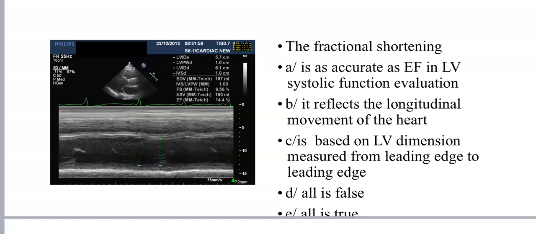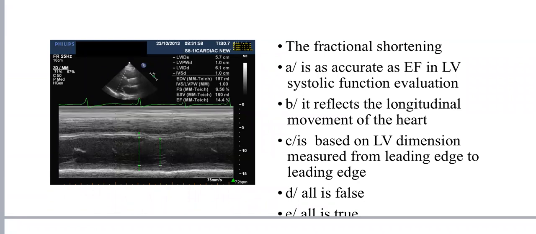Okay. Any others? All are false. All are false. You don't agree that it reflects the longitudinal movement of the heart? Yes. Okay.